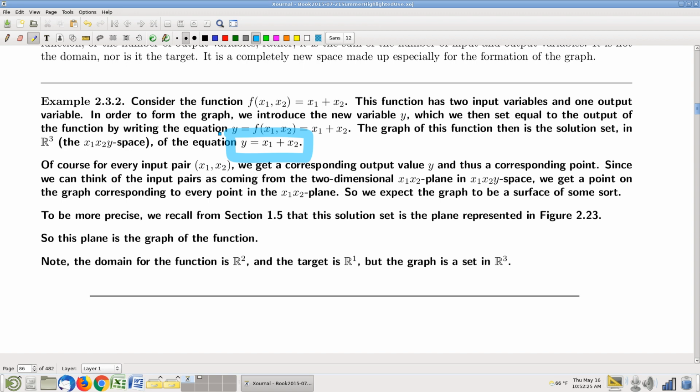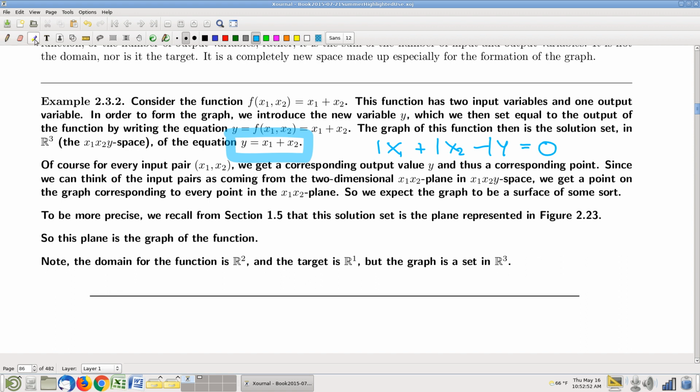I guess I could take cross sections. The cross sections would be various lines in various planes. But the really easiest way to identify this is to realize this is the equation of a plane, right? It just fits the form. I can rewrite it as 1x1 plus 1x2 minus 1y equals 0.